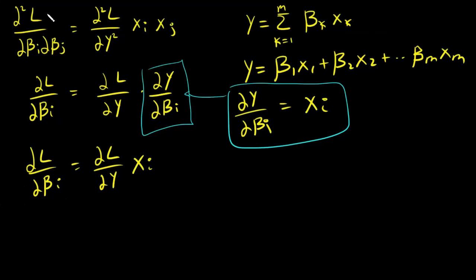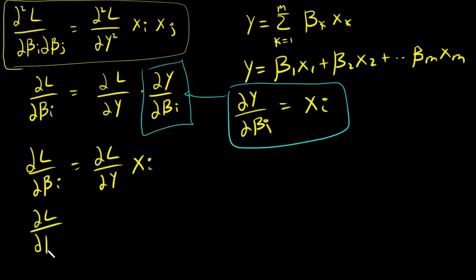So now I just need to do the second derivative, because this is ultimately what I want to show. With respect to beta j, second derivative. Now remember, a second derivative is just the derivative of the first.